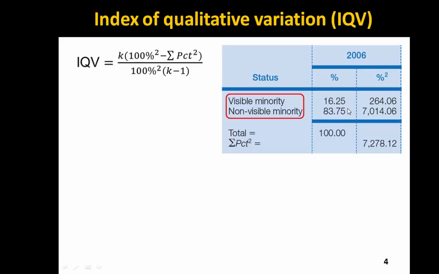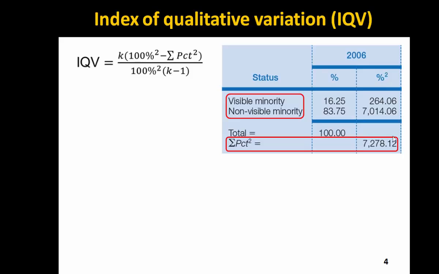We then move to the far right column here, where we simply take our 16.25 and square it. Likewise with the 83.75, we square it and sum vertically, and we end up with a sum value for the percent squared of 7,278.12.